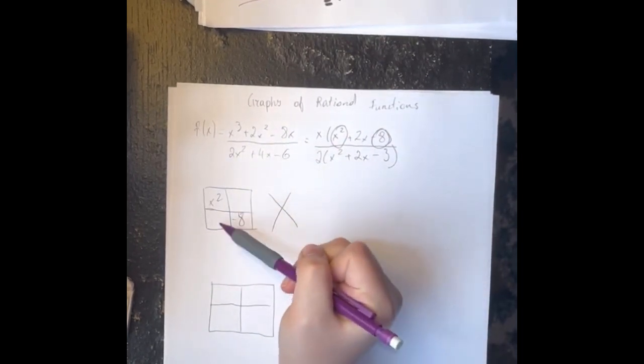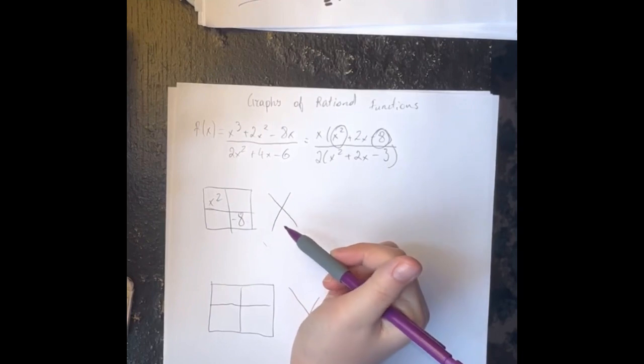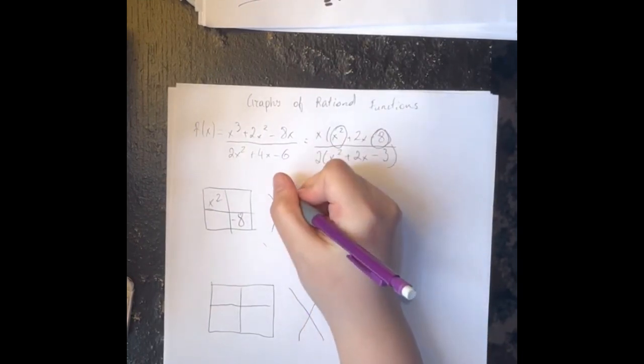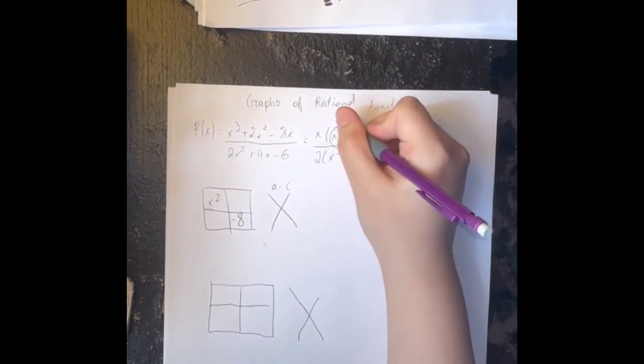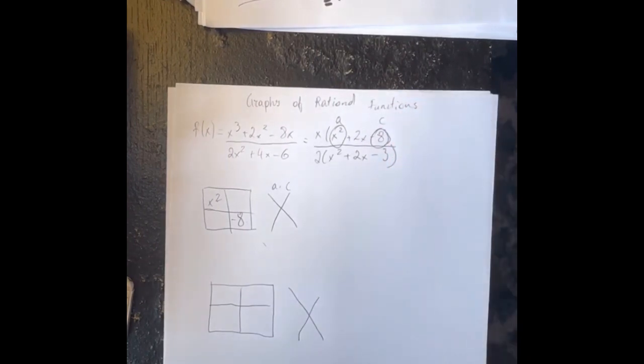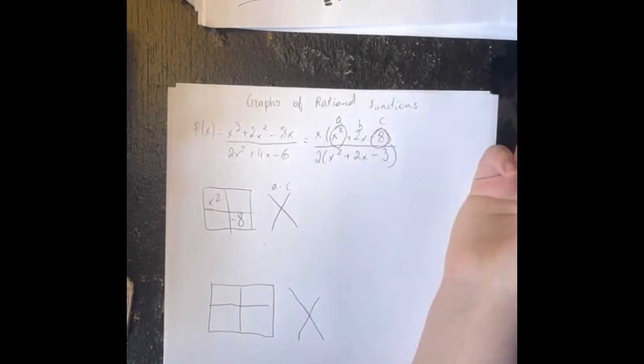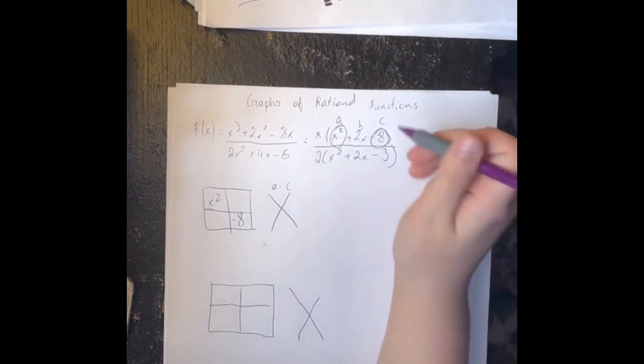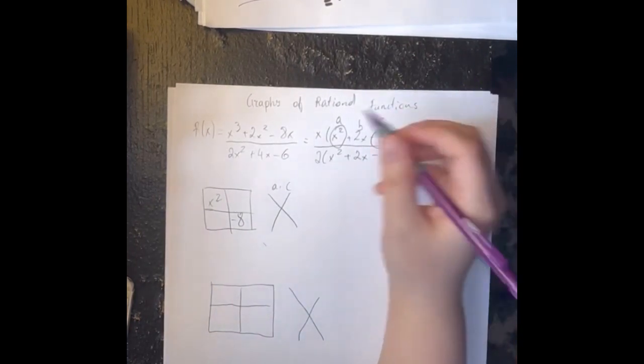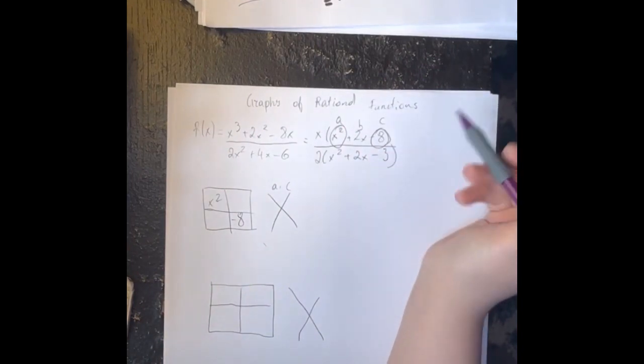Now, to find these, we need to use the x, and the top would be a times c, which are these two. This one is a, and then this would automatically be b, and this one is c, and that applies to the bottom one as well.